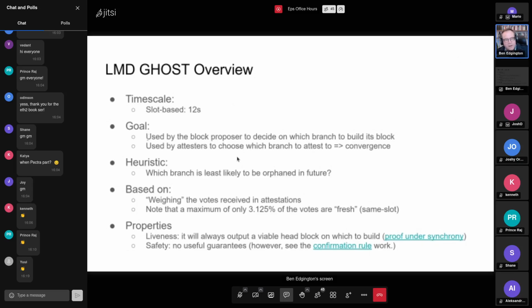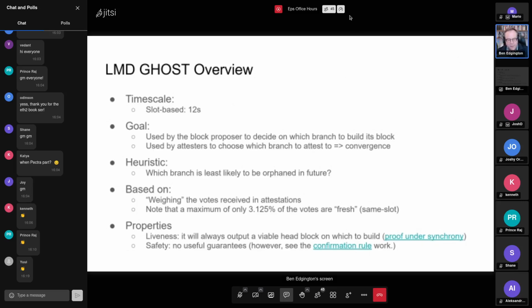And the goal is it's used for two things. So I want to find out what the head of the chain is for two reasons. One is if I'm proposing the next block, I want to know which block to build on that's least likely to be reorged out so that my block survives and makes it into the canonical chain. And it's used if I'm going to make an attestation in a slot.